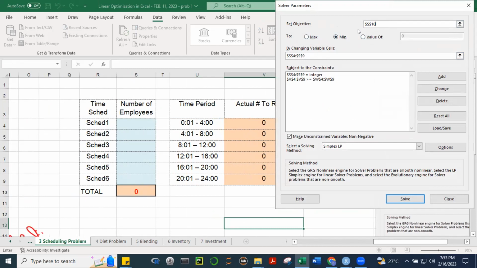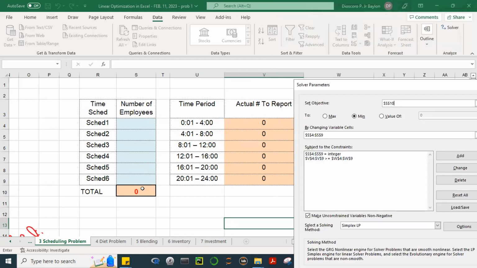The purpose is not only for aesthetics, but for easier reading of the model. Okay. So here, my objective function is in bold border and red font. My decision variables have a dashed border, like dotted lines, okay?